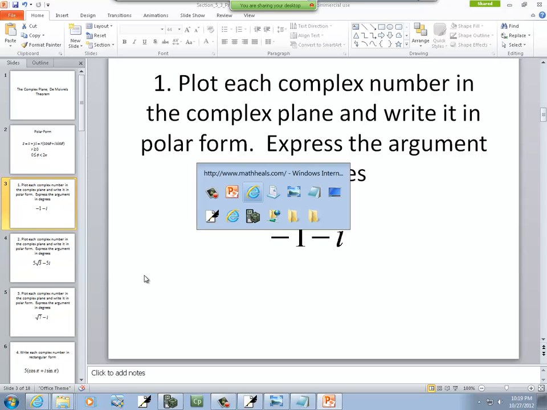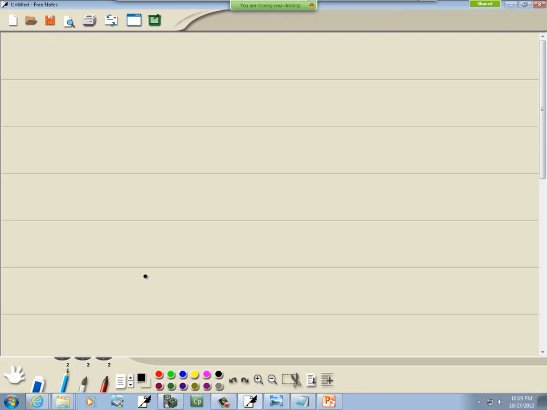Now, these first problems revolve around what we already know, just to refresh your memory. Remember, x is equal to r cosine theta. y is equal to r sine theta. Cosine theta is equal to x over r.